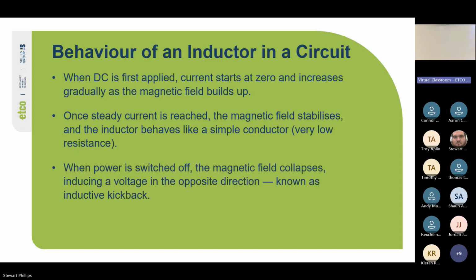When the power is switched off, the magnetic field collapses, inducing a voltage in the opposite direction, known as inductive kickback. But there is no overall effect on the DC circuit because there is no changing current or changing magnetic field. Once a magnetic field is established, the inductor just behaves like a normal conductor with very low resistance.